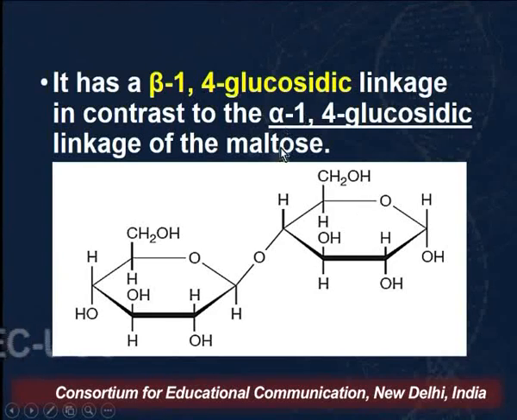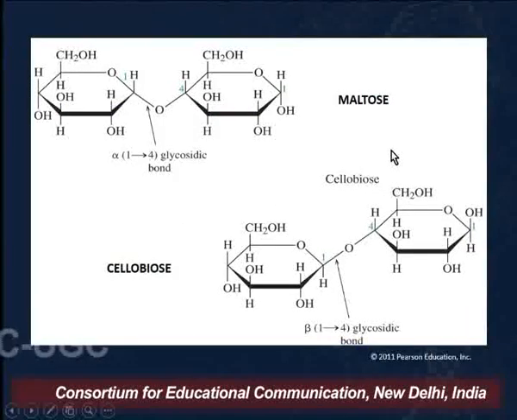Whereas when we talk of maltose, there the linkage is alpha. There also the linkage is between the first carbon of the first residue and the fourth carbon of the second residue. But in that case, the bond is oriented in the downward direction.